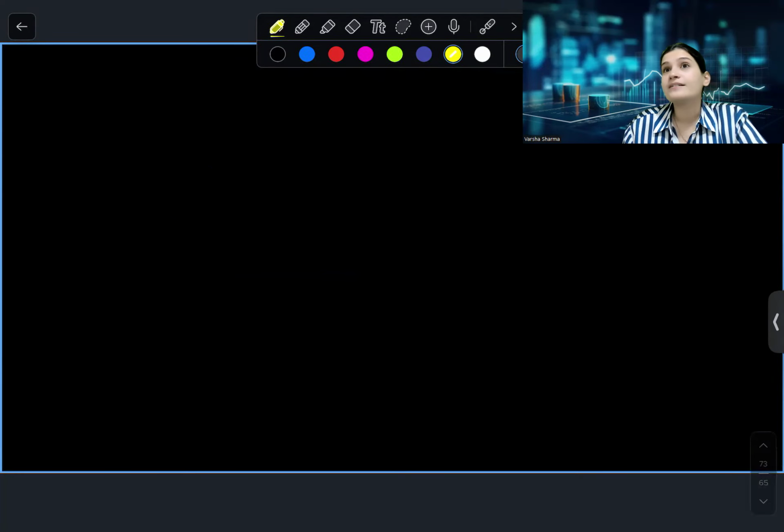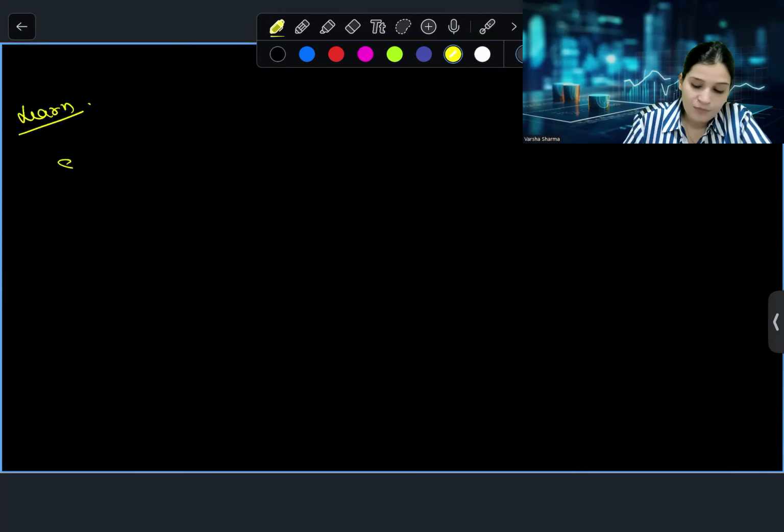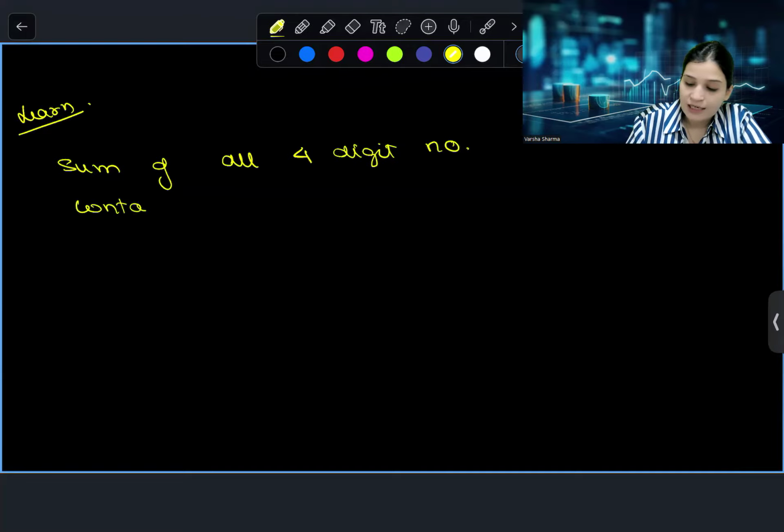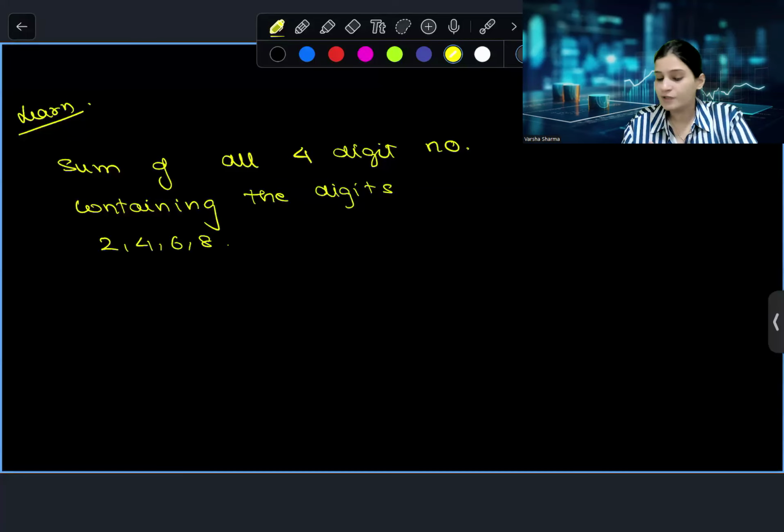Now, before repetition, there is a learn sum. Learn sum. Sum of all 4-digit numbers containing the digits 2, 4, 6, 8 without repetition.